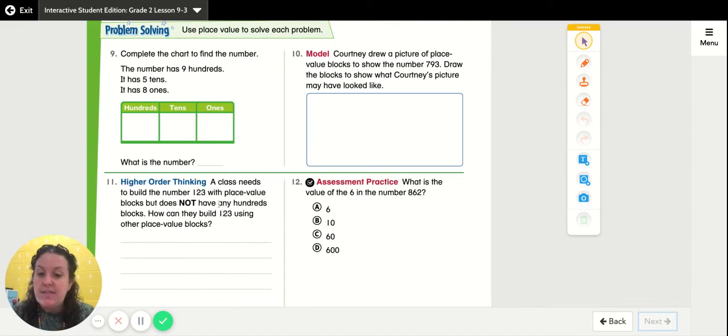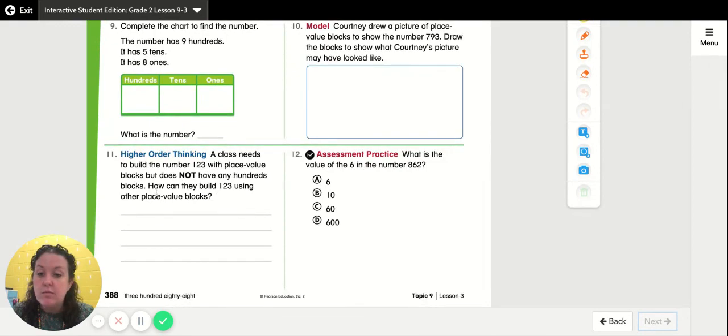And then number 11, make sure you follow the rules that it does not have any hundreds blocks, and then you're going to have to write the answer here. Type it. And number 12 is just a practice test question. I think you guys will be able to do this since you've been doing so well with place value, but of course, let me or your teacher know if you have any questions.